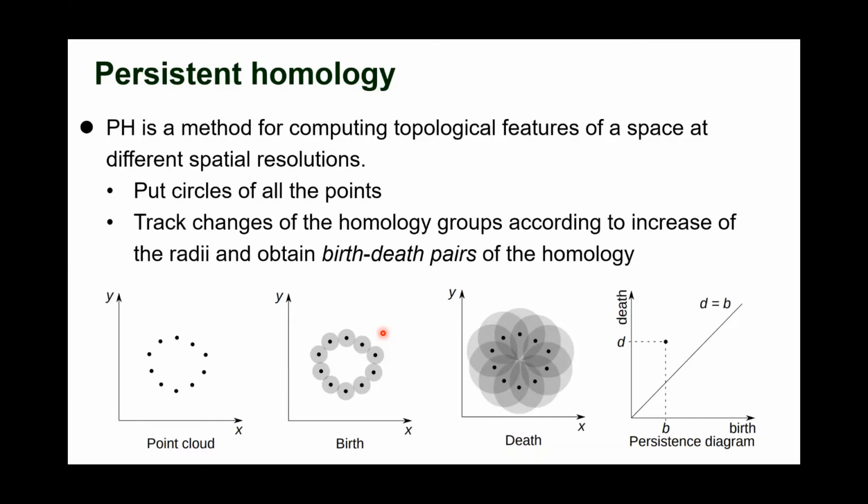Furthermore, the radius will be increasing and the hole disappears in the middle right figure. We say this time as the hole has died. Finally, we can have pairs of birth and death times. These pairs can be plotted on a two-dimensional surface as shown in the right figure. This plot is called the persistence diagram.